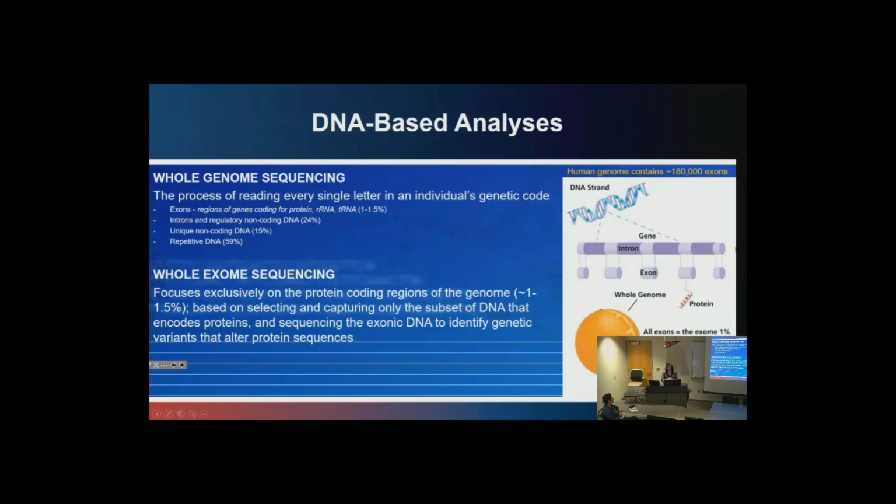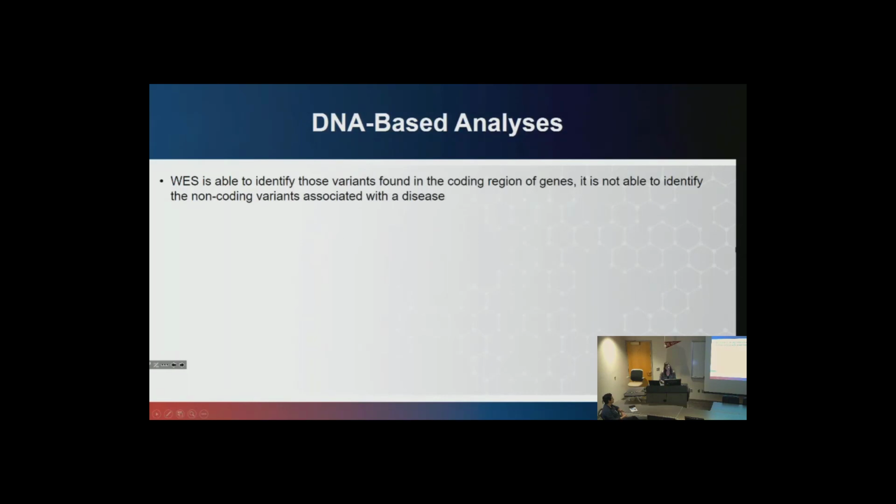Both of these DNA-based sequencing approaches have already been implemented as clinical tests by many institutions. I must note here, though, whole exome sequencing is able to identify those variants found in the coding regions of genes, but it is not able to identify the non-coding variants associated with the disease because you don't sequence that part.